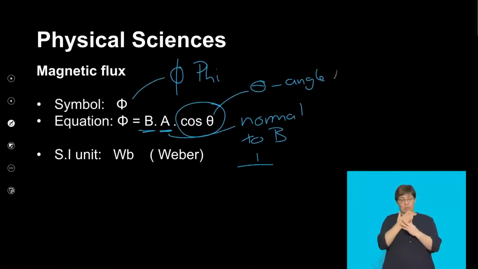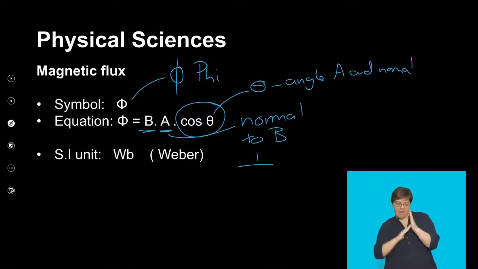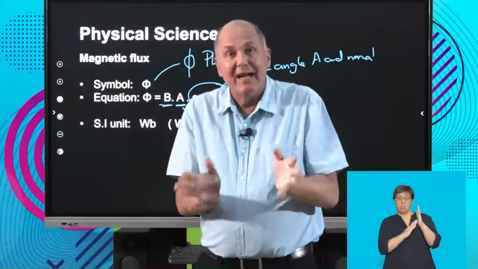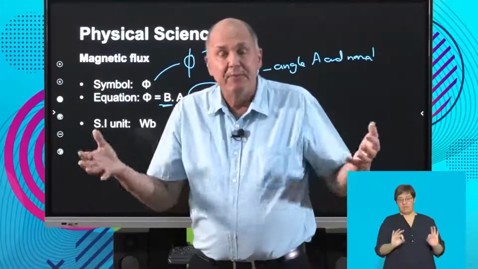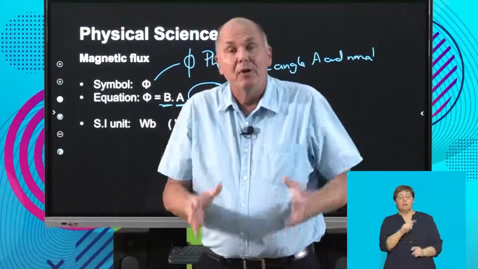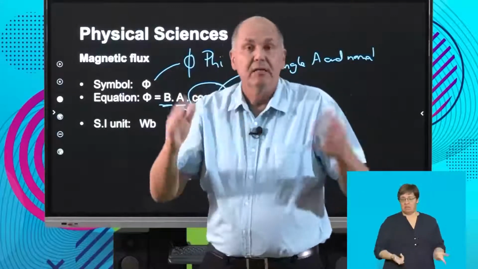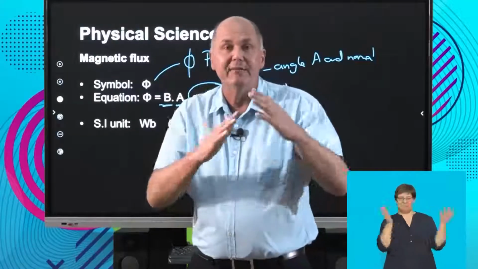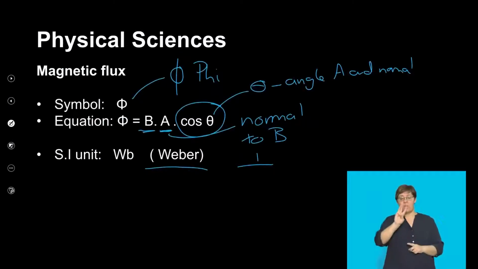So it's a component, if you like, of the area that needs to be at 90 degrees. Because at 90 degrees, that's where it's going to be the most effective. It's the best way to compare what the actual flux is. Because if it's just hitting a little bit, well, we'd not get a good idea if the area wasn't exactly right. So the unit here is called a Weber, and the symbol is Wb.